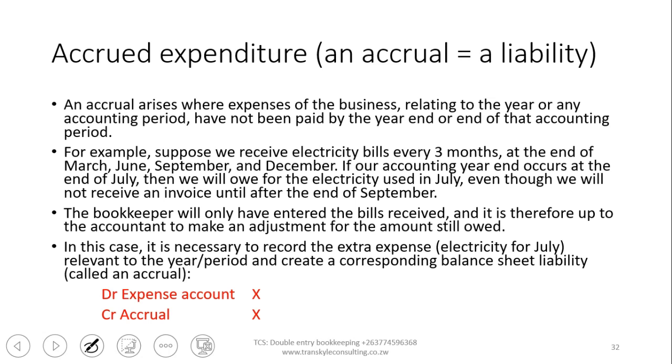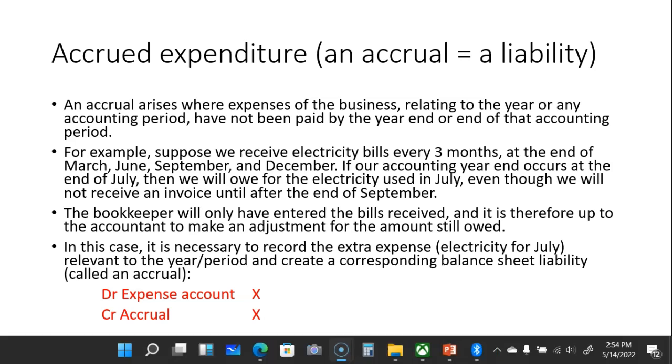Accrued expenditure. An accrued expenditure is also called an accrual or a liability. The reason why accountants treat accruals as liabilities is because the business would have incurred the expenses but did not pay for those expenses in that particular period.